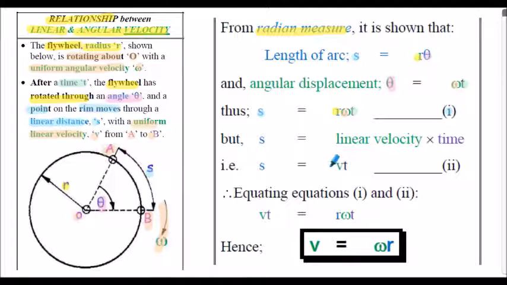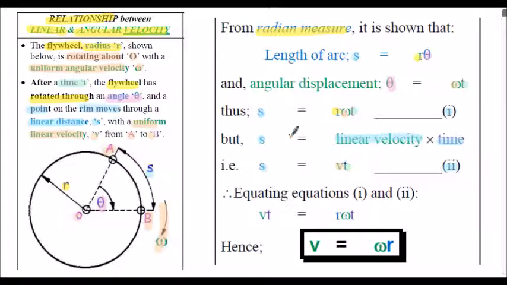Now we also know from our previous work on linear motion that the distance s is calculated from linear velocity multiplied by time. In other words, s is equal to v multiplied by t. Call that equation 2.